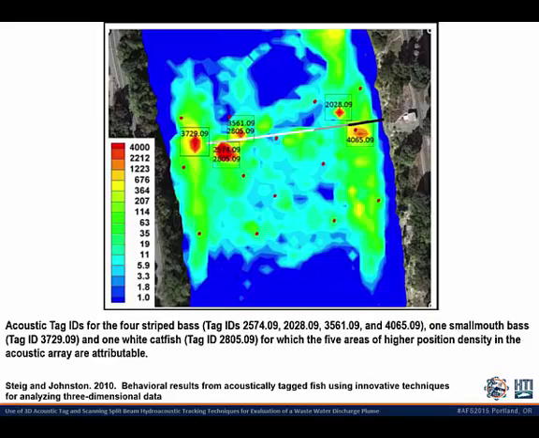And so you can see 5 areas where there was relatively high concentration of fish, but of those 5 areas, those only represent 7 fish that stayed in those areas. This technique is described further in Steig and Johnston publication in 2010.